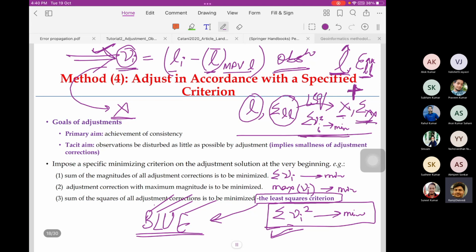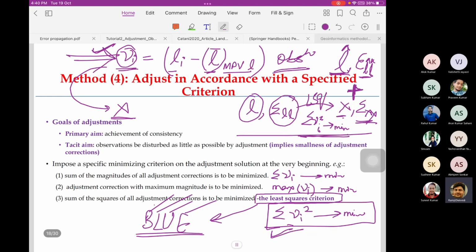That is mathematically proven. In the next class, I will show you the mathematical derivation of what you are given as a theory, that sigma v square, the summation of vi squares, is to be minimum. We will discuss the mathematical derivation, because it is important; if you do not see it, it would be a little discouraging, because from your engineering background you should know the derivation.